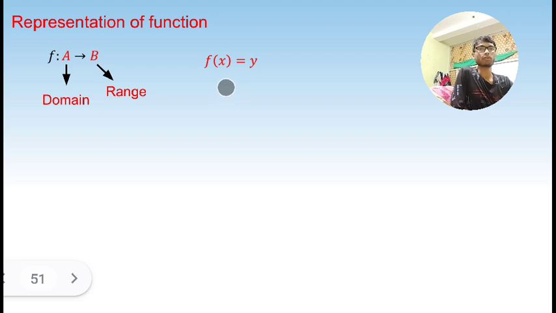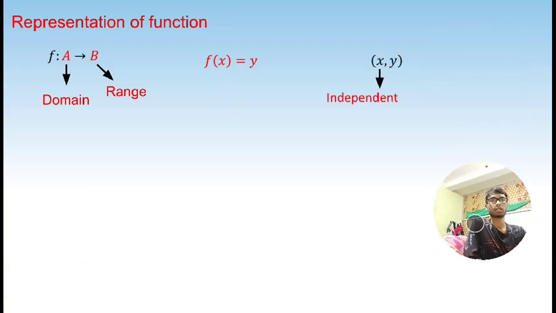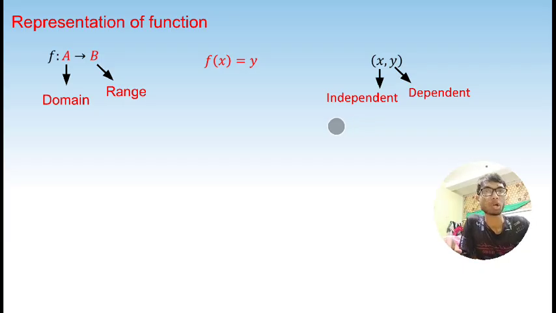If the value of x is something, for example 3, then we will put 3 in place of x. Here x comma y, and this x is independent, not dependent. y will depend on x. When x takes an input, then y will give the output.